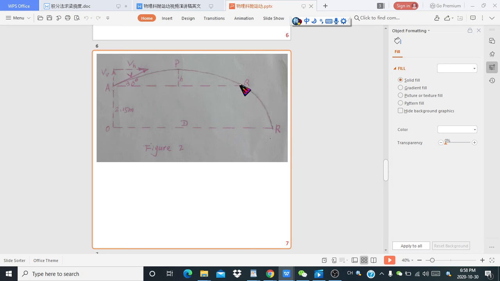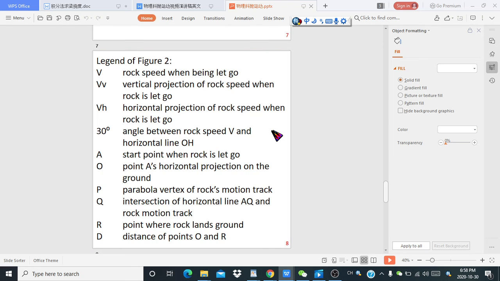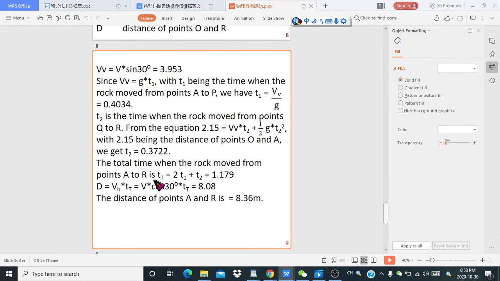From point Q to point R, we need a time T2. So the total time Tt is 2 times T1 plus T2. So we can get the total time.